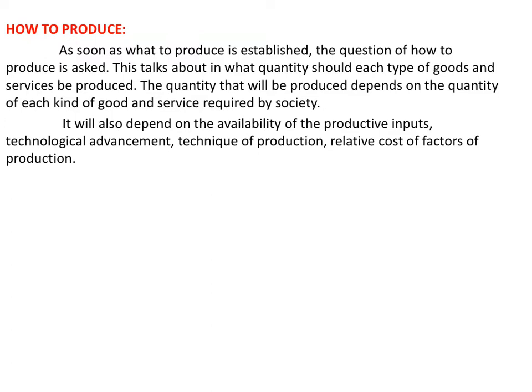The quantity of the kind of goods and services produced in the society will also depend on the availability of the productive inputs of that particular good or service. It equally depends on the technological advancements of the society, and on the technique of production, and of course it depends on the relative cost of all the factors of production.